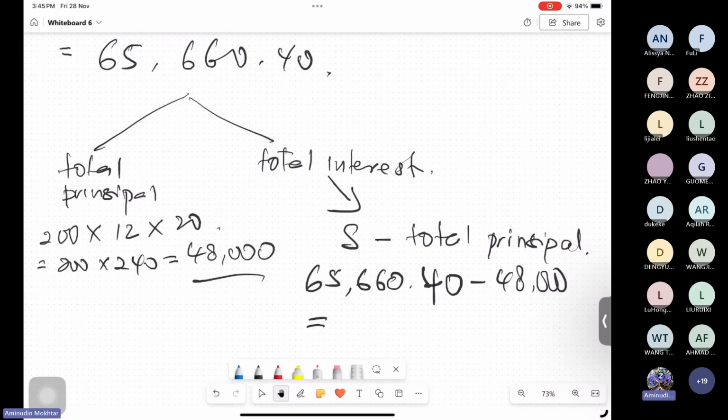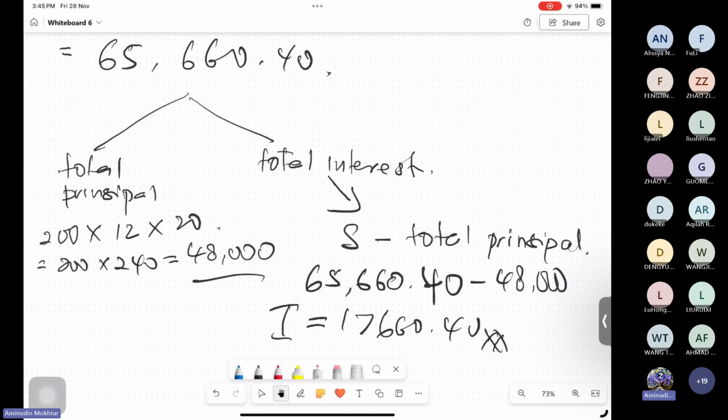That is equal to 17,660.40. That is the total interest that you receive from the bank after 20 years.